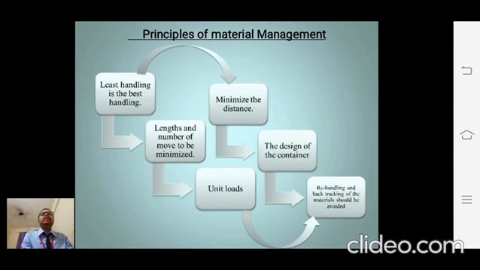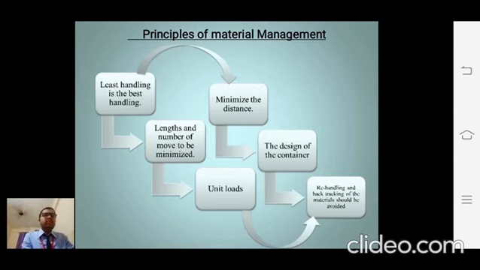Handling means transportation of material, testing, and transporting it from one factory to another, one place to another, or one worker to another. Handling is important, but least handling is best. We should avoid transferring from one place to another again and again.